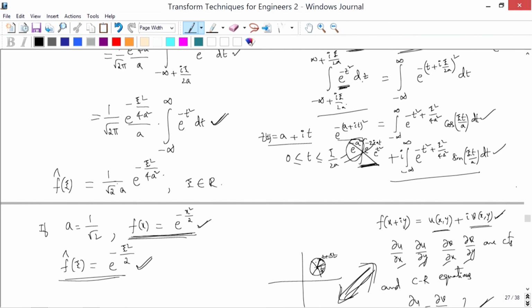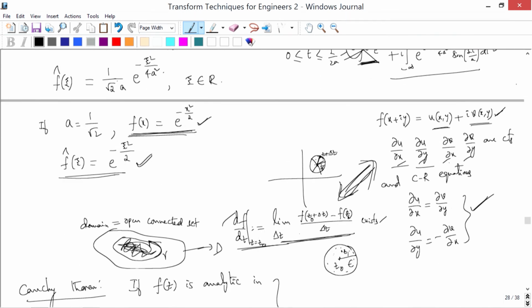And to check the analyticity, you can verify all this as a student.